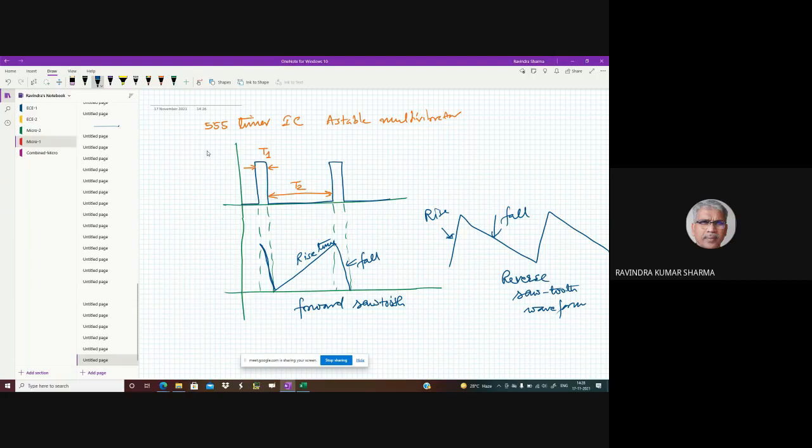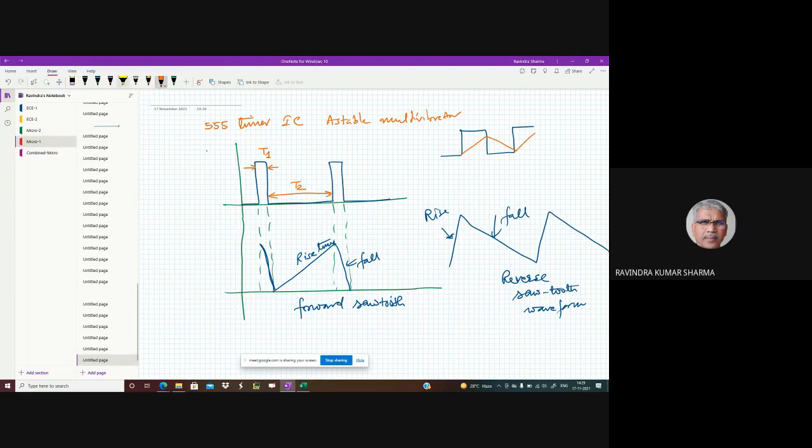So now you see the waveforms. The waveforms that we have now seen include a square wave having T on and T off equal, right? We have seen also correspondingly the triangular wave, right?